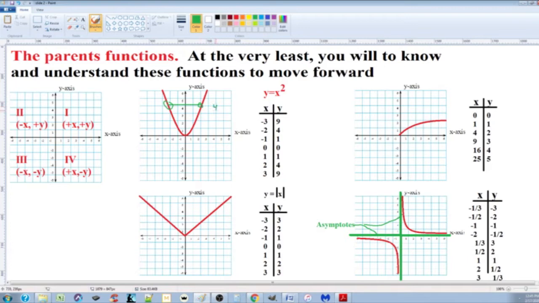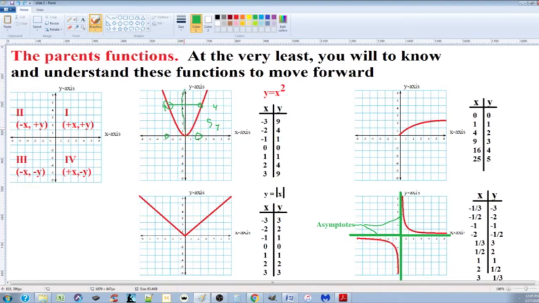Let's say that's 4 and 4, but opposite negative x values. And this is called symmetry. And it's symmetrical right now through the y-axis.